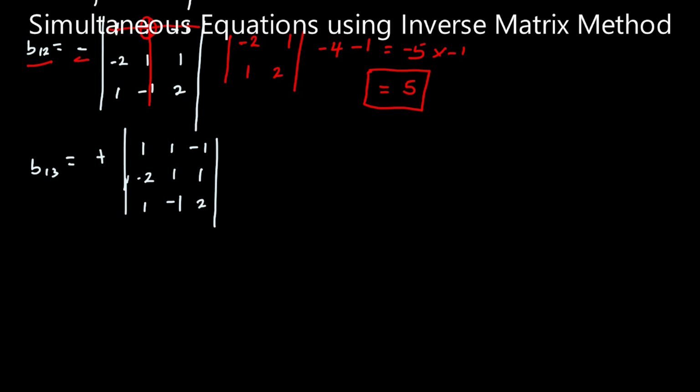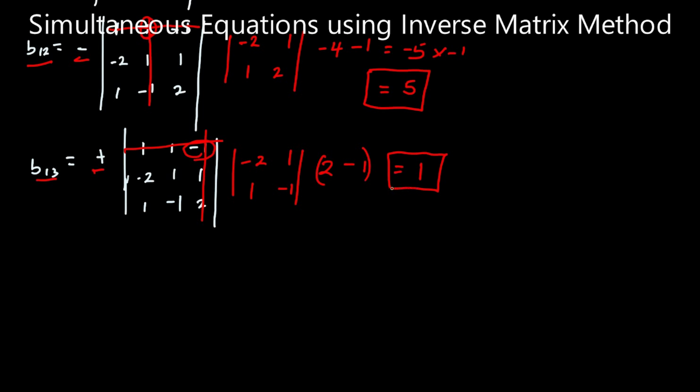We close down the row and the column that contains the element in B13, which is minus 1. So we close this column, this row. We remain with minus 2, 1, 1, minus 1. Calculate the determinant here. Minus 2 times 1 is 2. Then minus 1. This one gives us 2 minus 1 is 1. So we have a 1. The sign here is positive, so this one will remain as it is, positive 1. So we are done with the elements B11, B12, B13.